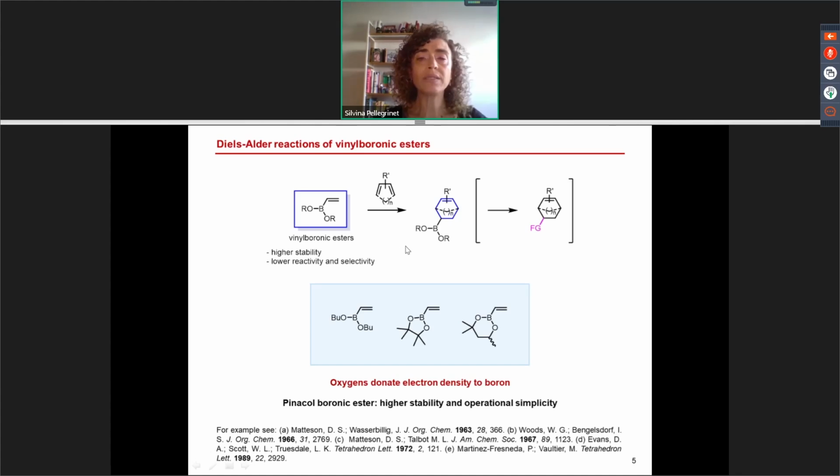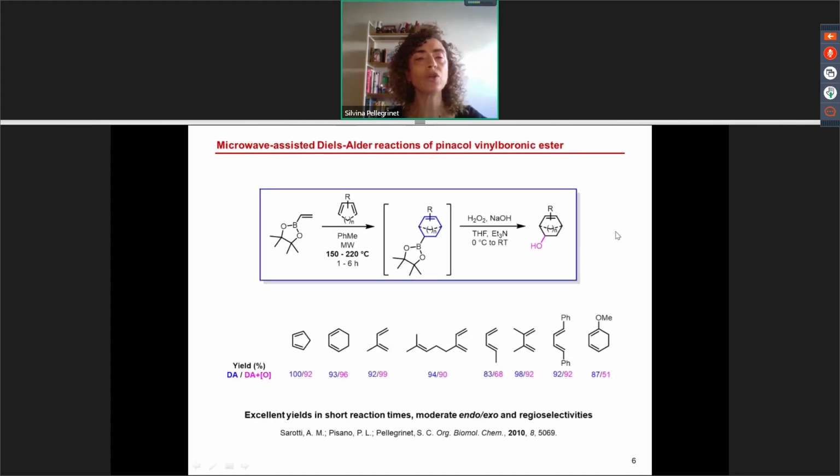So we started studying the Diels-Alder reactions of vinyl Bpin with all these dienes here, and found that the reactions could be easily performed under microwave irradiation at temperatures between 150 to 220 degrees in short reaction times, and obtained very good yields of the cycloadducts, shown here in blue. But the endo, exo, and regioselectivities were moderate.